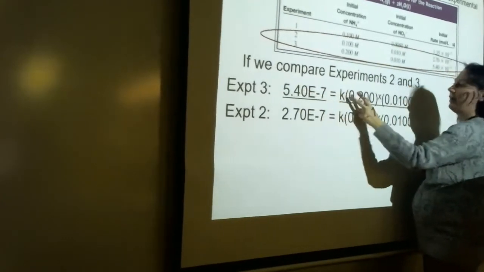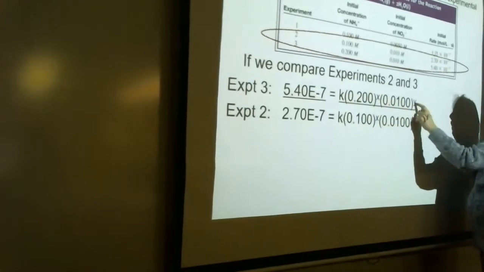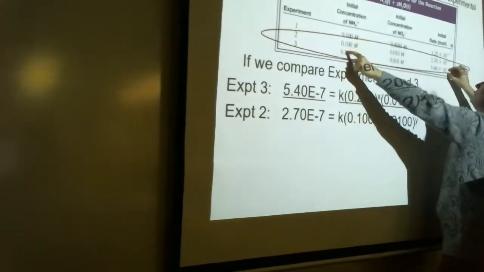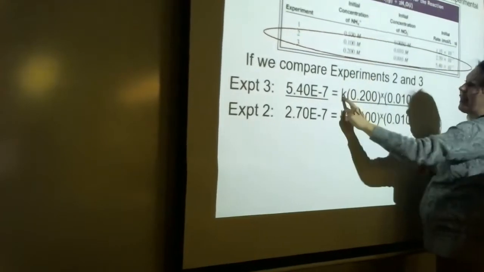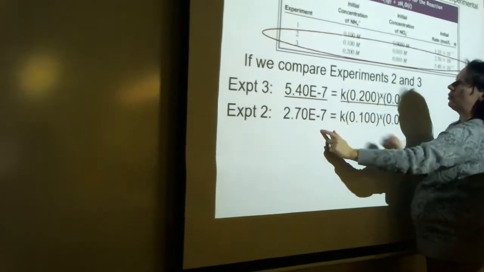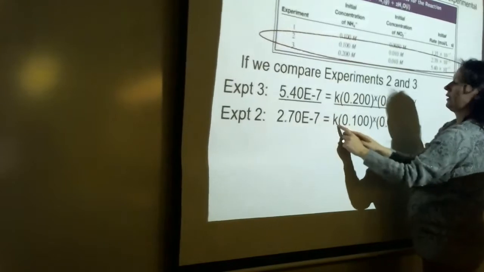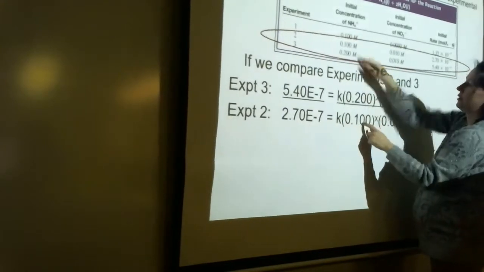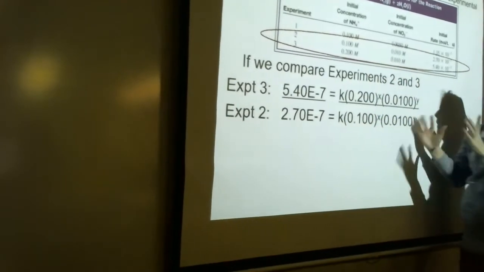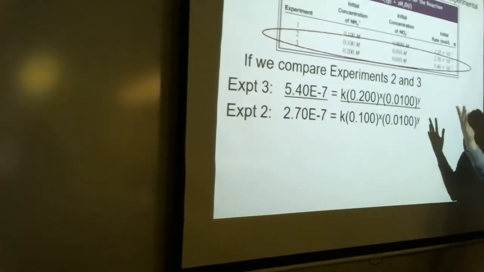Rate equals k, NH4 plus to the x, NO2 minus to the y, right? I'm just literally plugging this information into this. K I don't know yet, so it's just staying as k. And now I'm plugging in 2, okay? There's the initial rate, and then k I still don't know. This goes here, this goes here. Now again, you could have done it as 2 over 3 or 3 over 2, makes no difference.